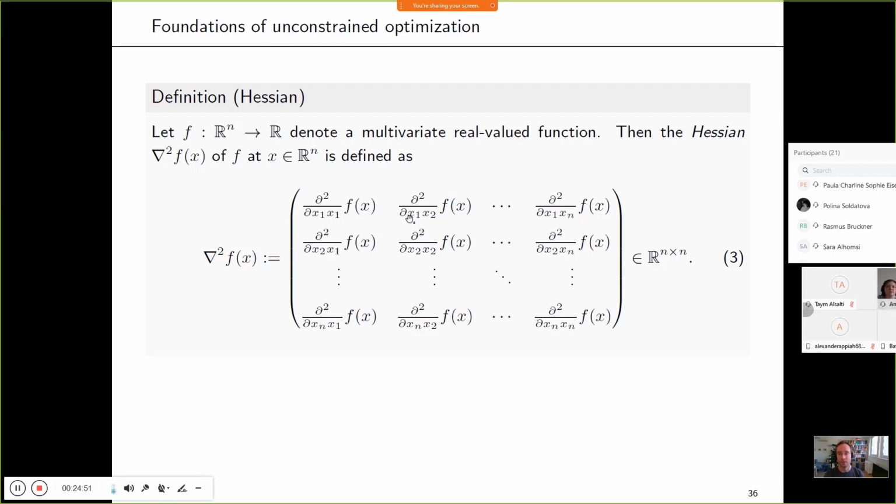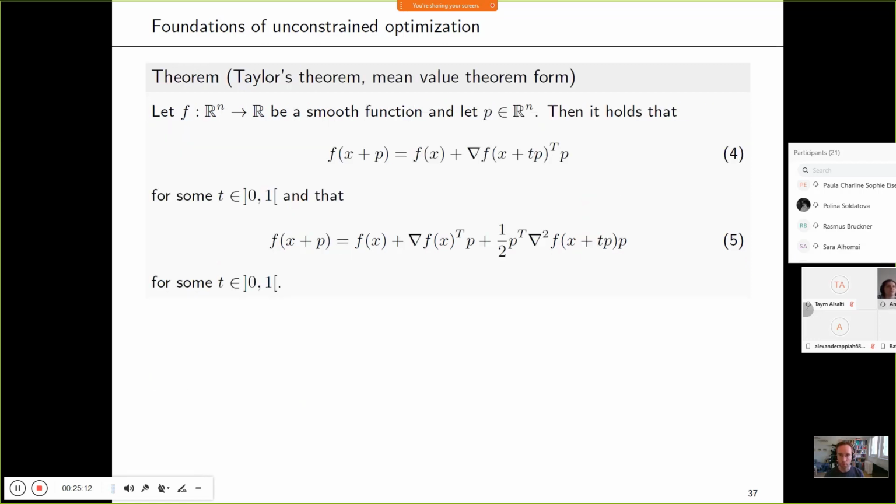But again, you find examples for that in the mathematical preliminaries. So that's the Hessian. The important thing is it's the second derivative, the generalization of the second derivative to multivariate real-valued functions. Good. So that was a reminder of things that we've seen previously.